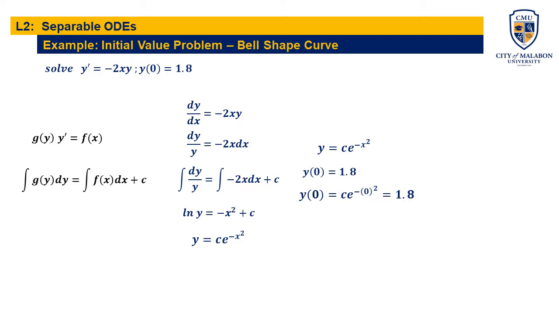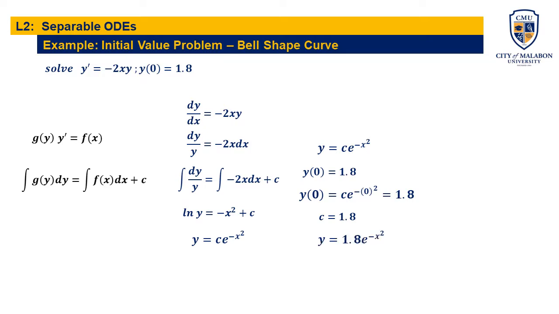So by inspection, we know that e to the exponent of 0 will become 1. Therefore, we will have c is equal to 1.8. Okay? So, in this case, since we already have the value of c, we can now substitute this value to our general equation to obtain our particular solution.